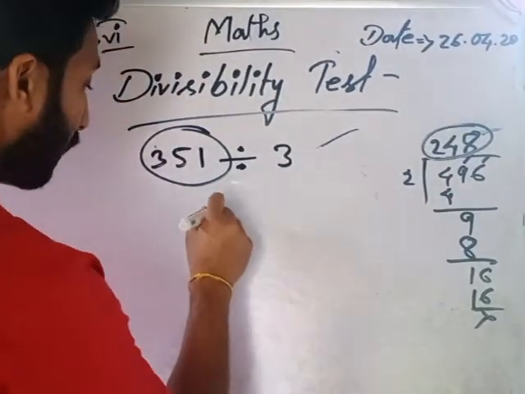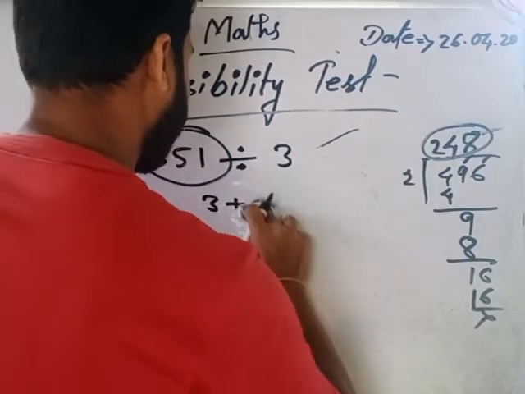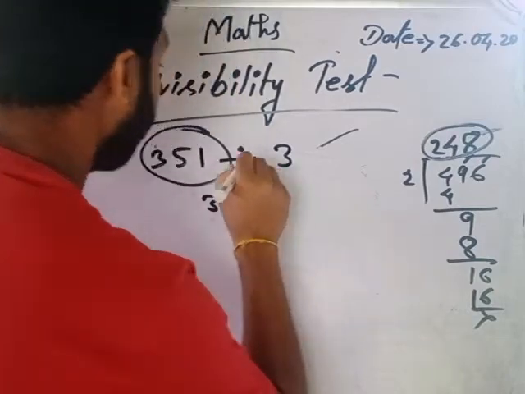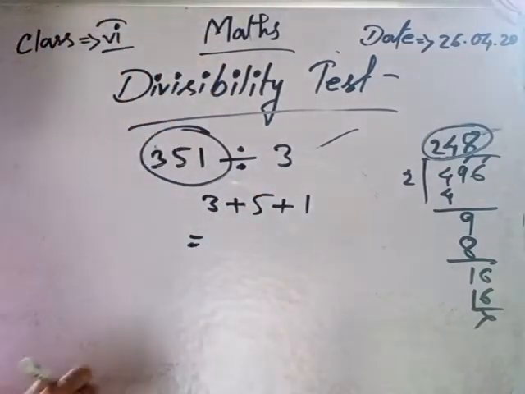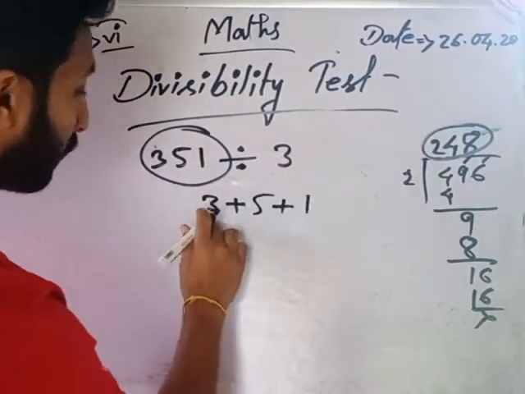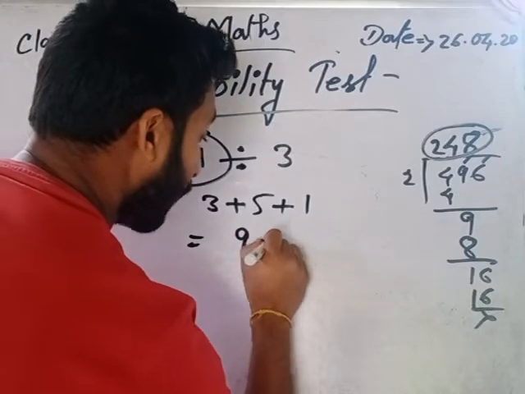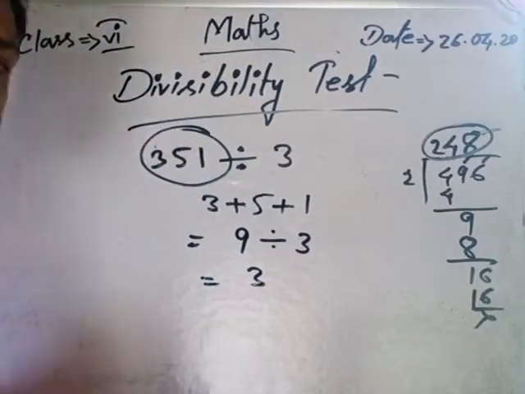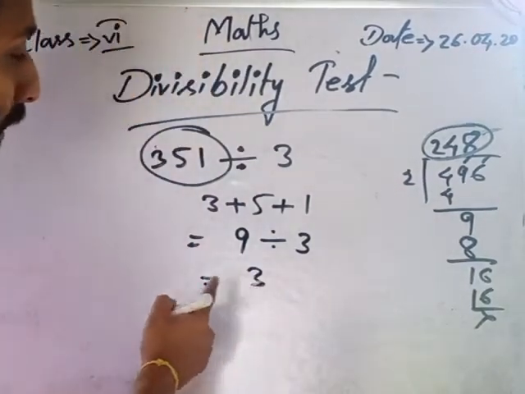Okay, if the sum of all the digits can be divided by 3, then the number is also divisible by 3. Okay, 3 plus 5, that is 8, plus 1, that is 9. If 9 can be divided by 3, obviously it can be completely divided by 3.